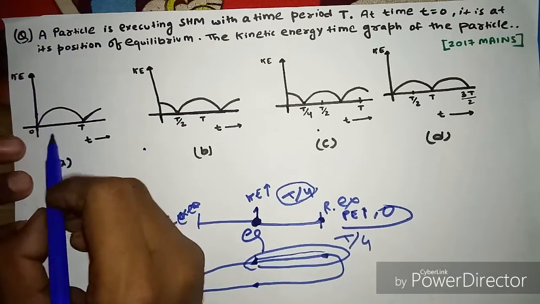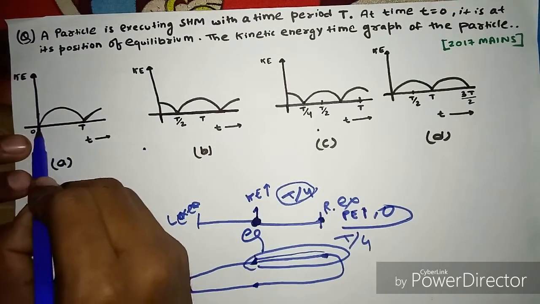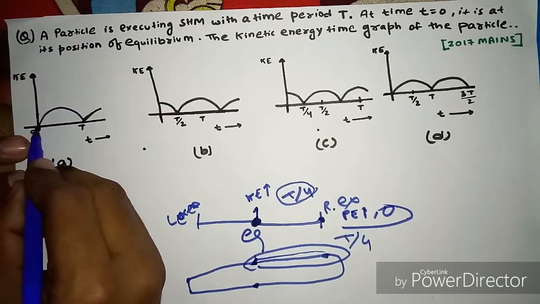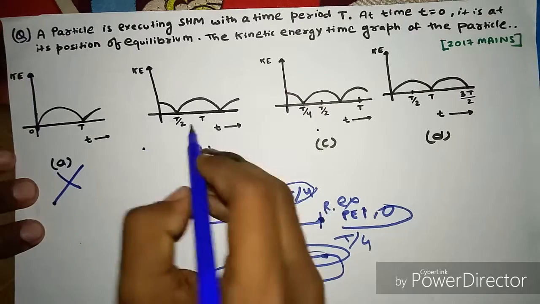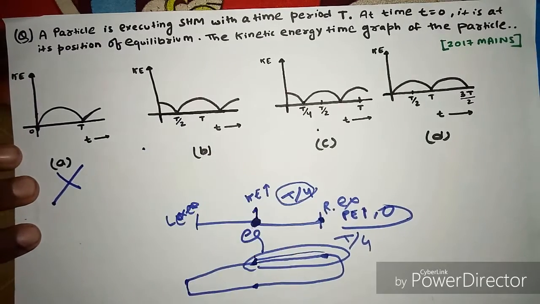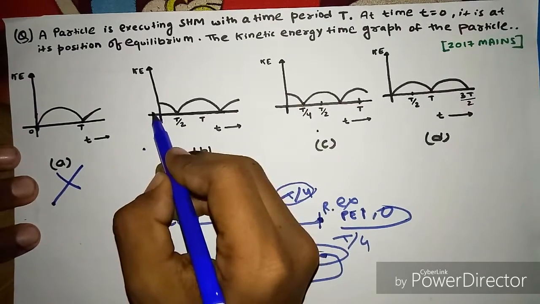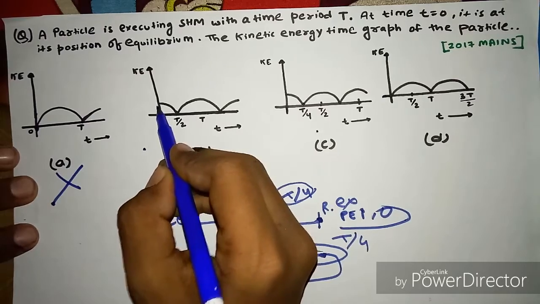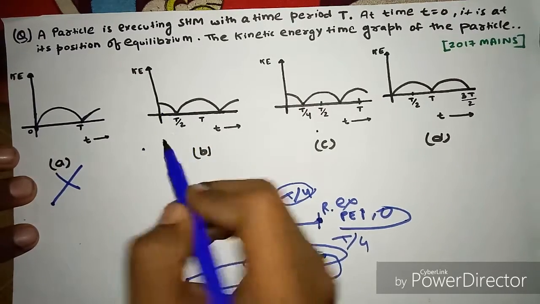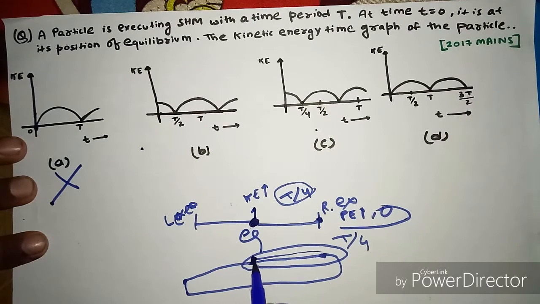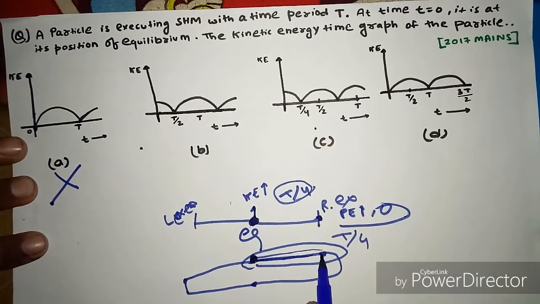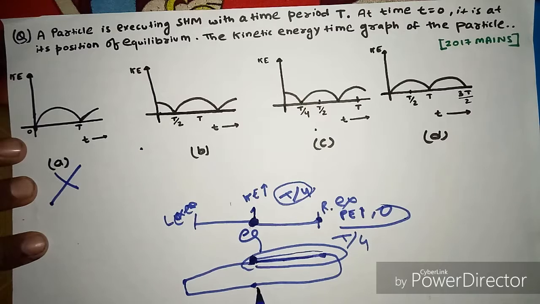This graph shows that at the equilibrium position it has zero kinetic energy. This is totally wrong. And if you see this, it's correct that at origin it has the maximum kinetic energy, but at T by 2, if the particle starts from here, then this is T by 4, then again this is T by 2.